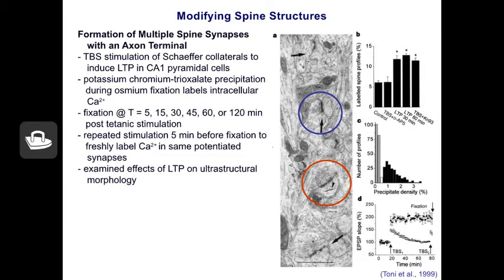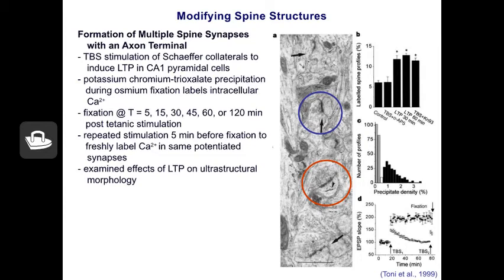An important point is that the tissue section was left completely undisturbed between stimulation 1 and stimulation 2. So the first stimulation would set into motion any forms of modification that would occur in the spines.